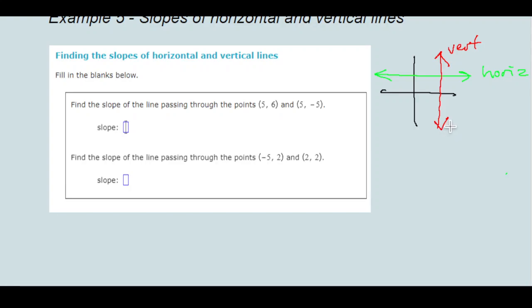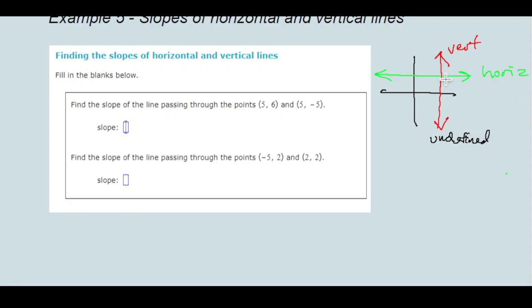You have zero, and that's your denominator, and your numerator is going to be infinity, because it goes up and never stops if it's a straight up and down line. So you can't get two clean points that are terminating.